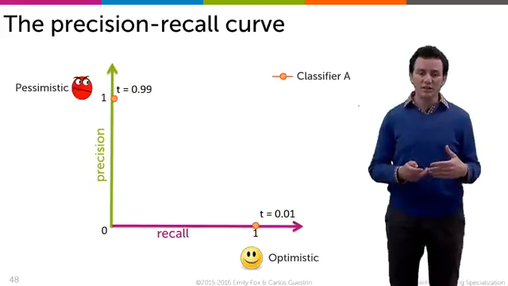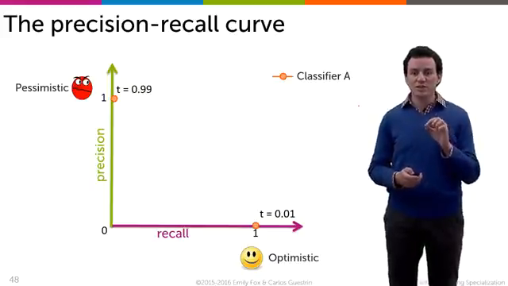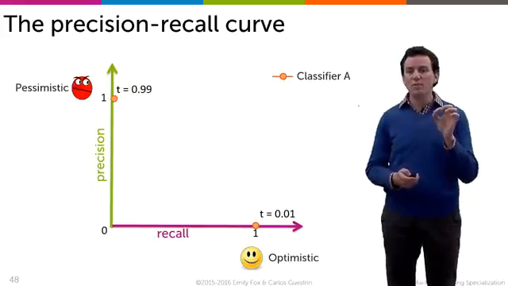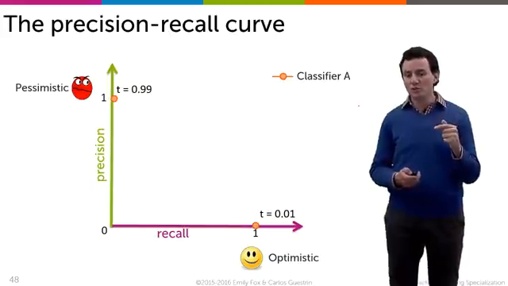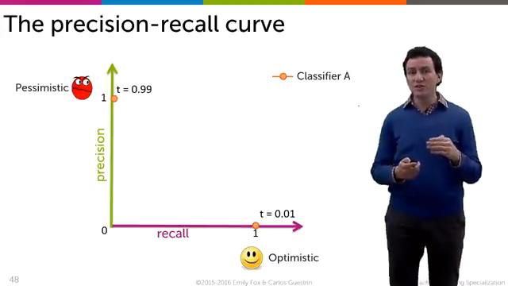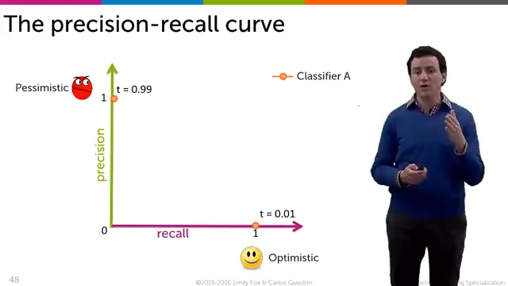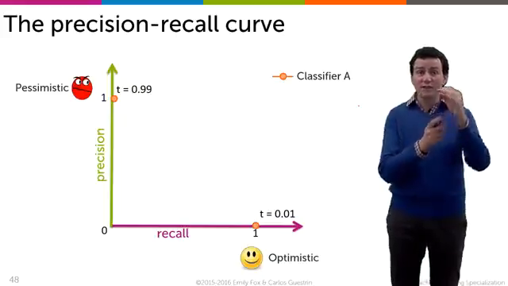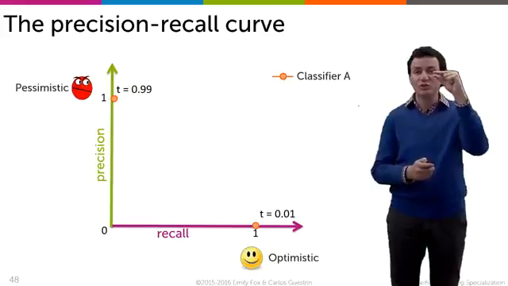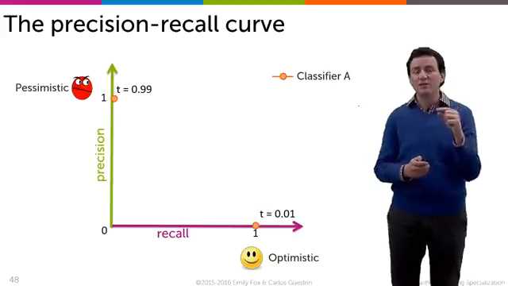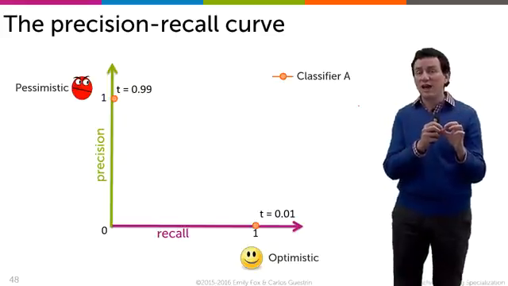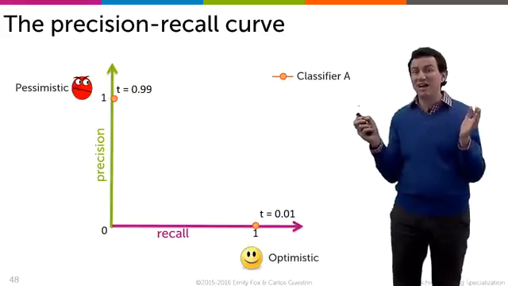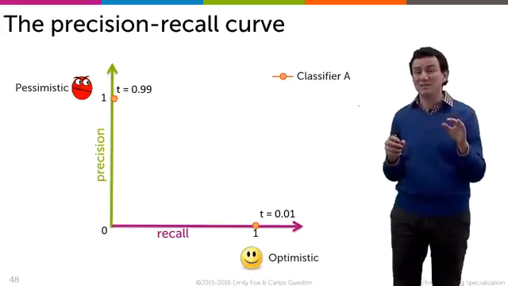So in this case, you can imagine setting 2 points on that curve. What happens to the precision once your threshold is very close to 1? Well, the precision is going to be 1 because you're going to get everything right. There's very, very few things and you're very sure they're going to be correct. But the recall is going to be 0, because you're going to say everything else is bad, so that's a pessimistic classifier.